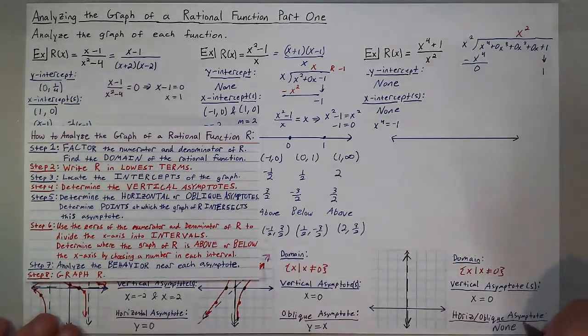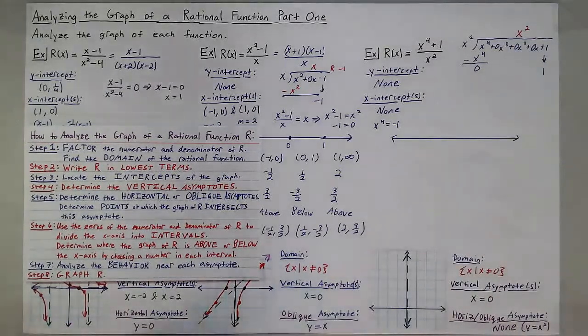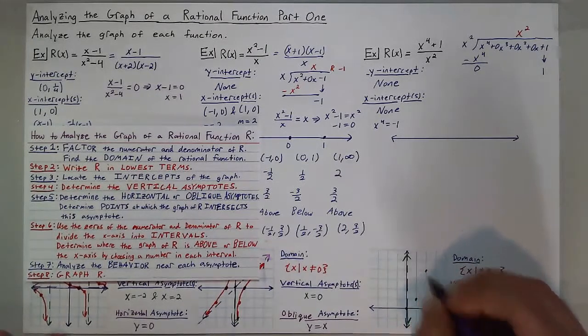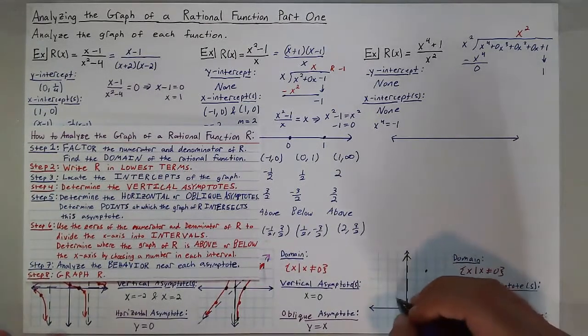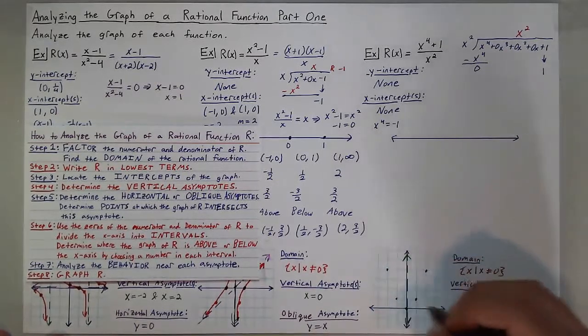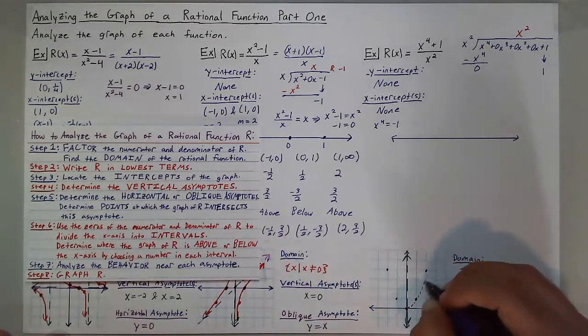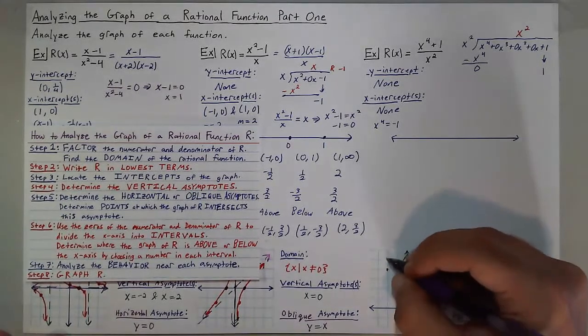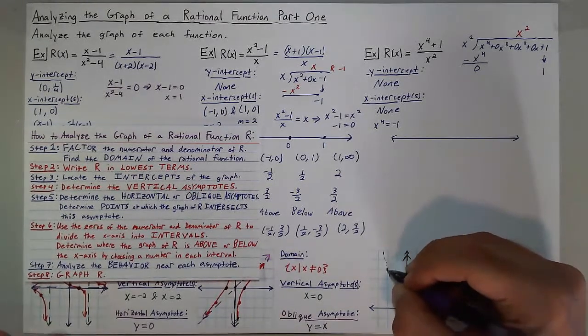So even though there's none, I'm going to plot this graph of y equals x squared because it's still going to follow that graph. It just doesn't count as a horizontal or oblique asymptote. All I'm doing is taking this x value and squaring it to get these points. This parabola kind of acts like an asymptote for me. My graph will behave like this graph for large values of x.